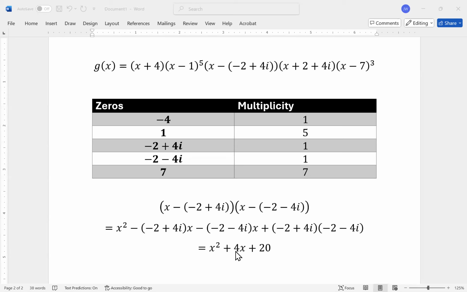And you'll just get a real coefficient on the x. And then the complex number times its conjugate pair will give us a real number. So x minus a complex number times x minus the conjugate of that first complex number gives me a quadratic with real number coefficients.